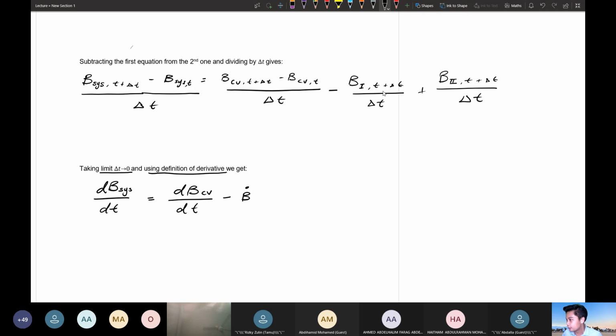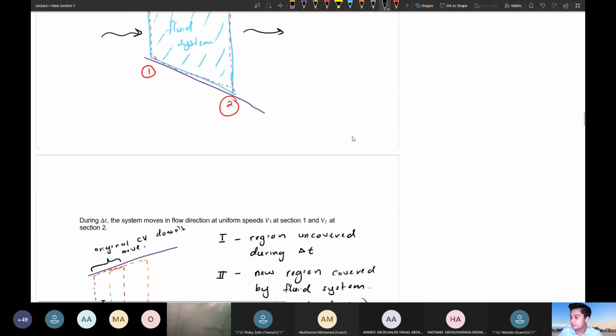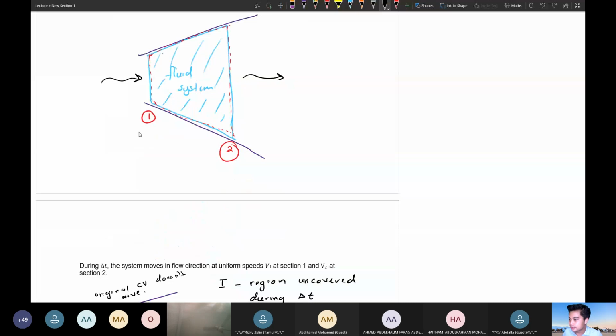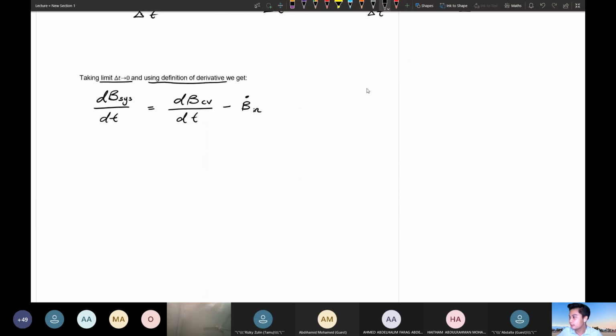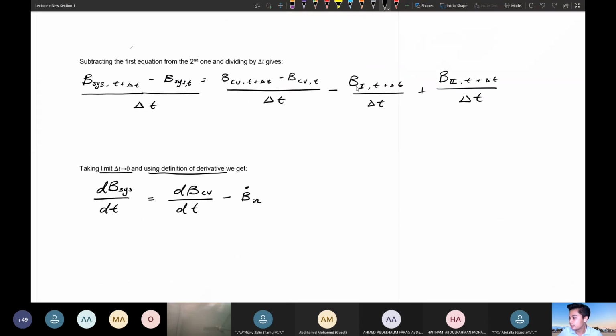You can see I refer to in. Because you can see here, this is the inlet and this is the outlet. So we can replace the I with B in dot plus B out dot.